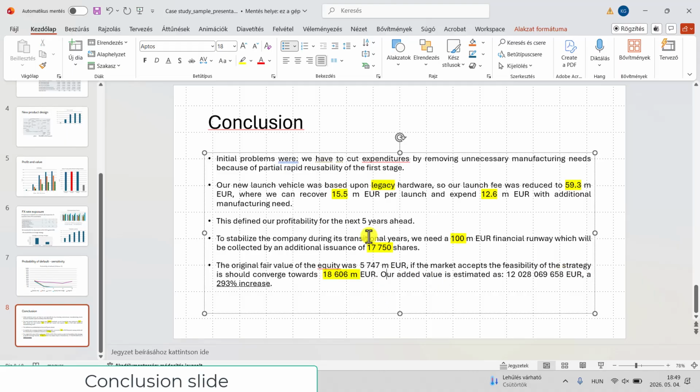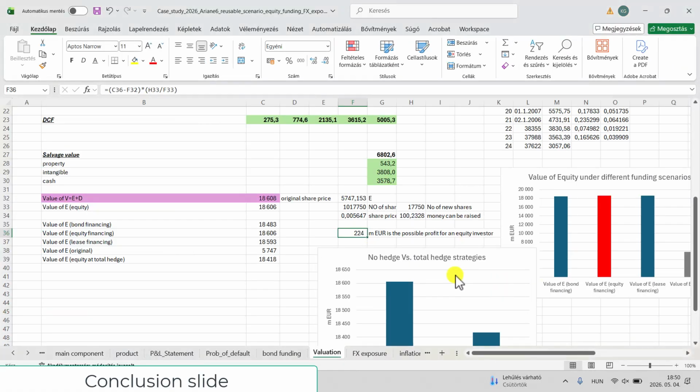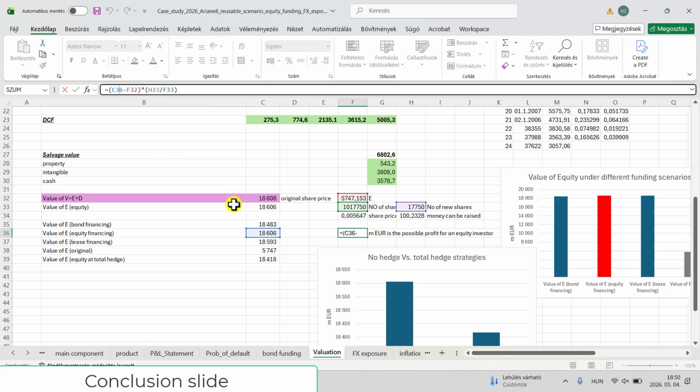Like we can say that all added value is estimated as euro. So this is the money what we invested. This is the profit at the end of the day.